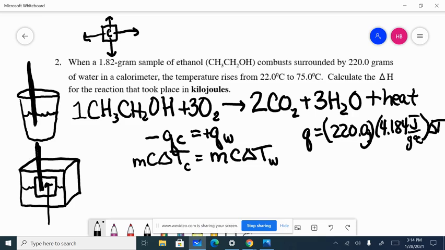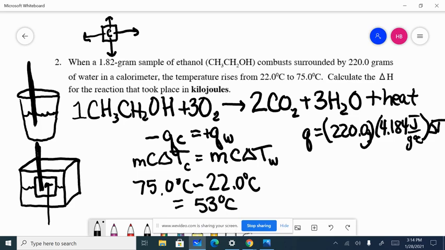The change in temperature is 75 minus 22. Again, it's easier for combustion reactions, it's easier for thermochemistry in general, if we deal with positives, recognizing that negatives only tell us direction of flow. So 53 degrees Celsius is my temperature change.